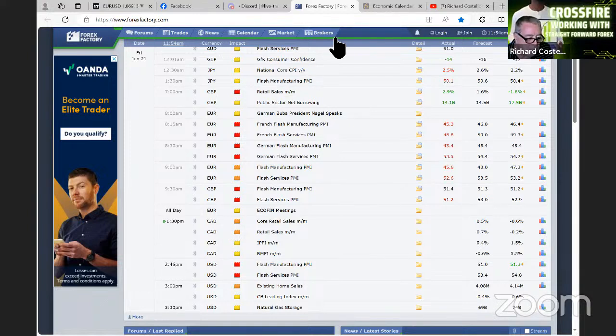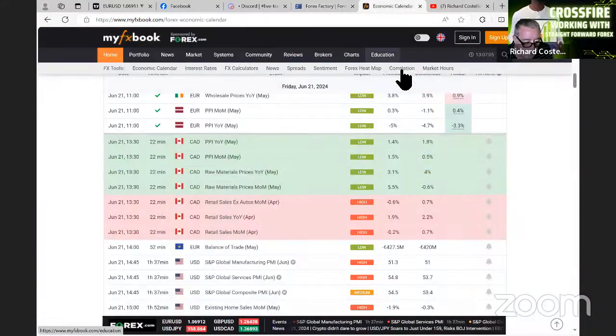I'm going to look at MyFXBook, but they have a different perspective on things. They've got the Canadian dollar 1, 2, 3, 4 low impact news items, but they've also got 3 high impact news items for 1:30.